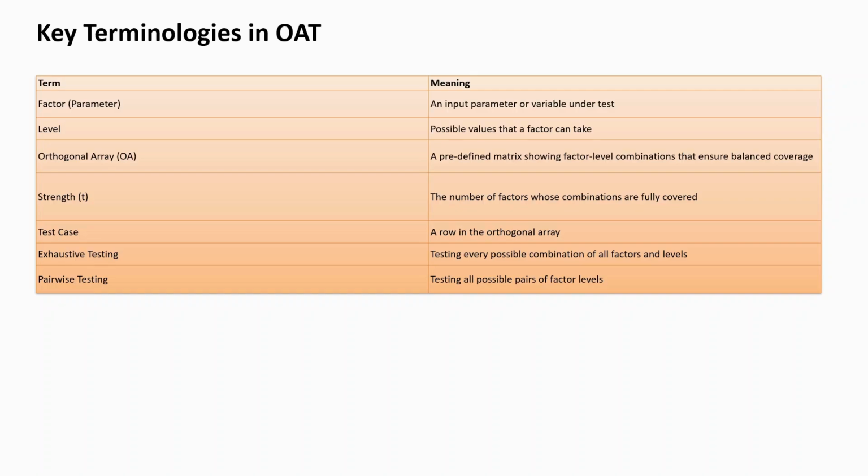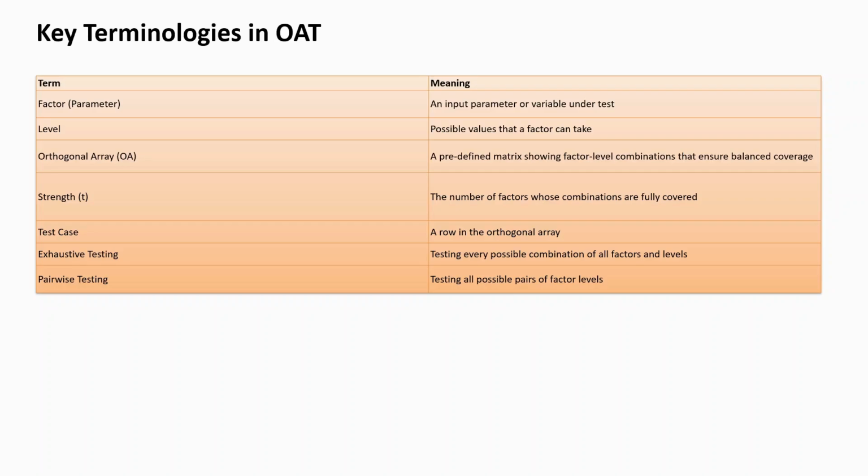Orthogonal array is a predefined matrix showing the factor to level combination that ensures balanced test coverage. Okay, orthogonal array is the predefined or ready-made matrix that is available, basically designed by some of the scientists, which helps to select a subset of combinations that provides statistically balanced coverage of factor interactions without testing all the possibilities.